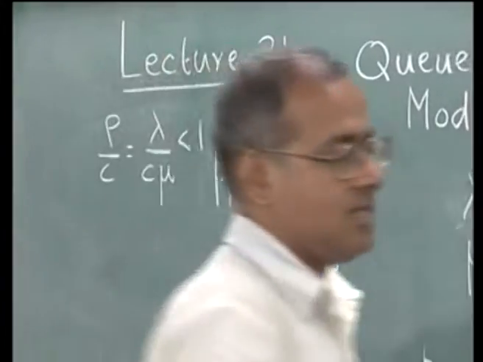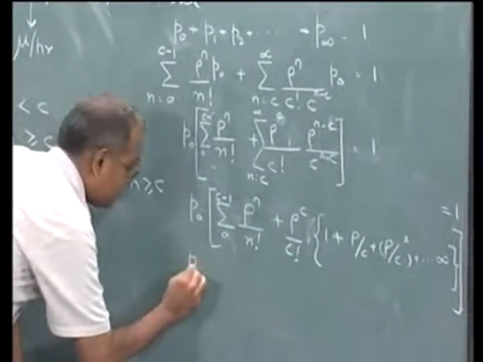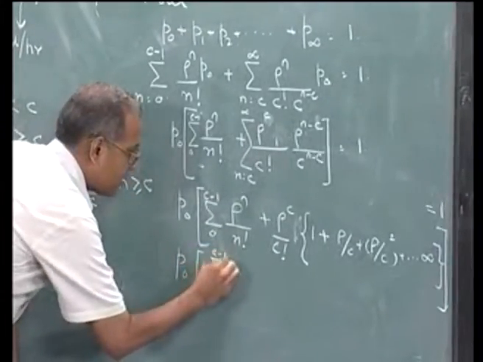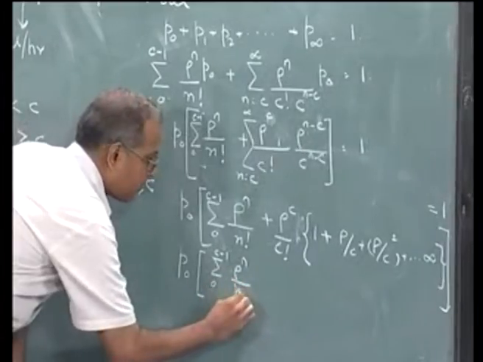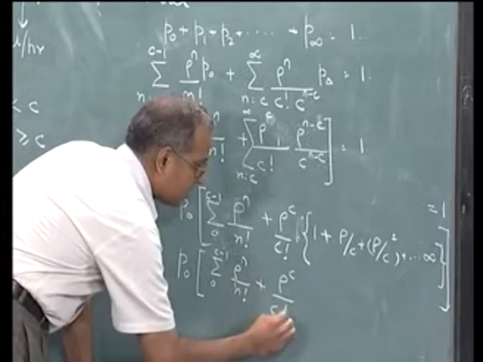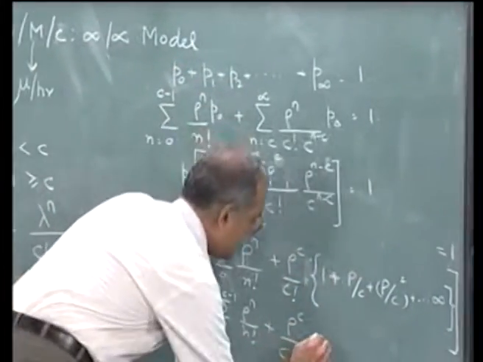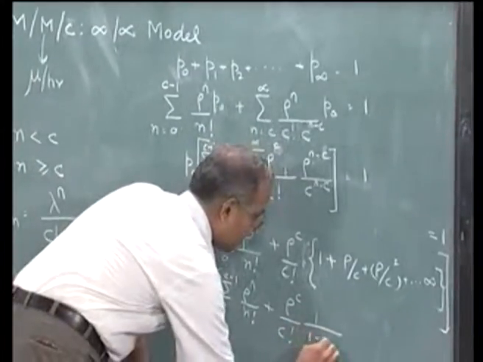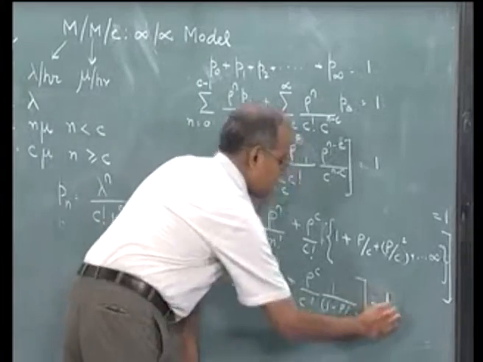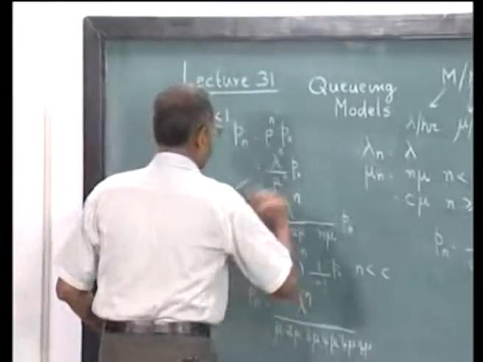Therefore, we can use the summation formula for the infinite geometric series, a by 1 minus r, to get P naught into sigma 0 to c minus 1 rho power n by n factorial plus rho power c by c factorial into 1 by 1 minus rho by c, is equal to 1, from which we can write the expression for P naught.